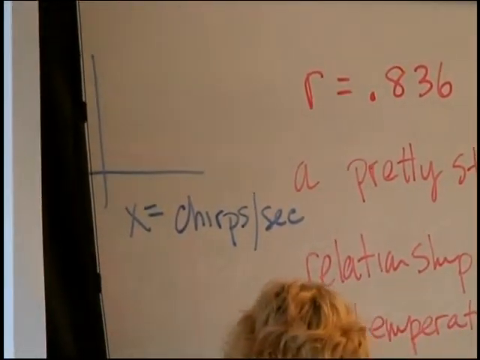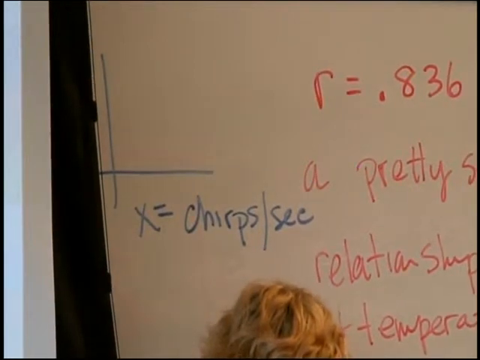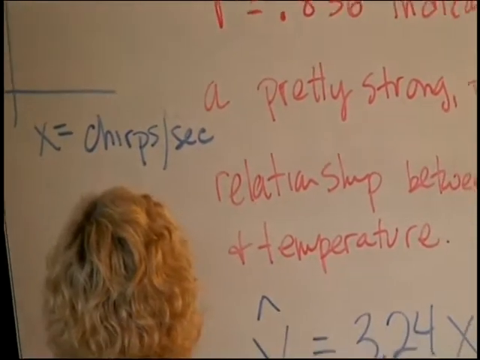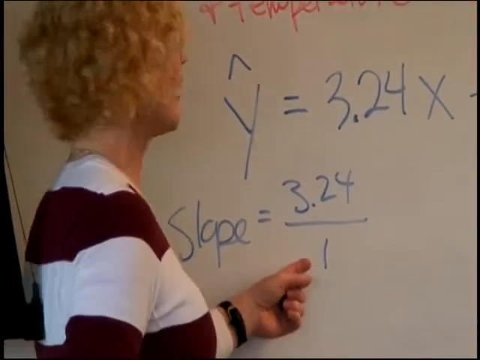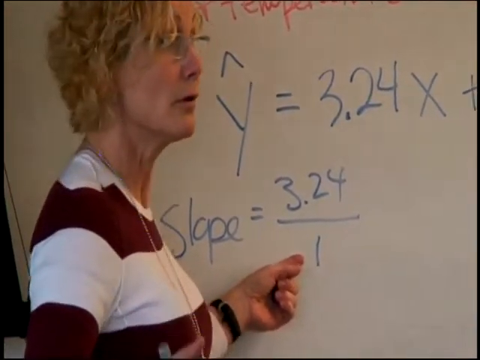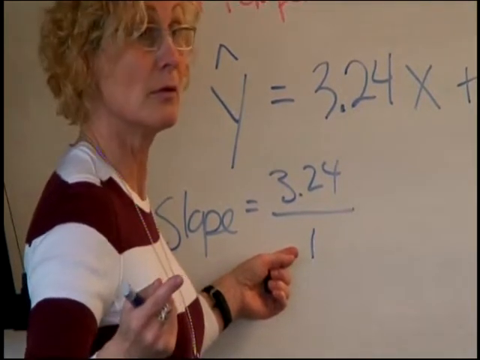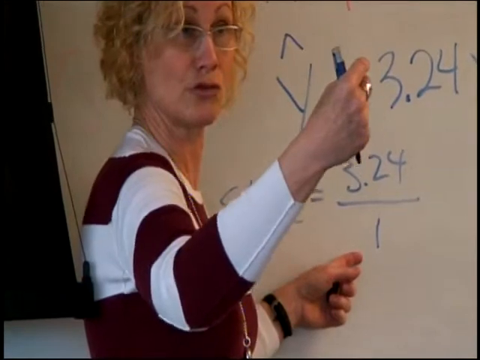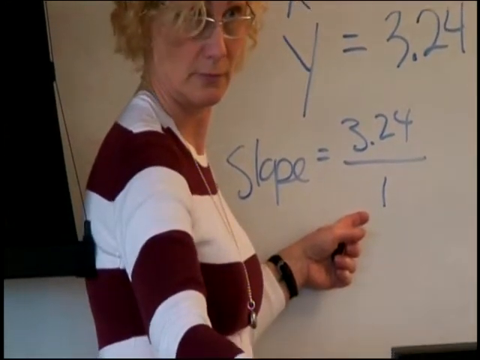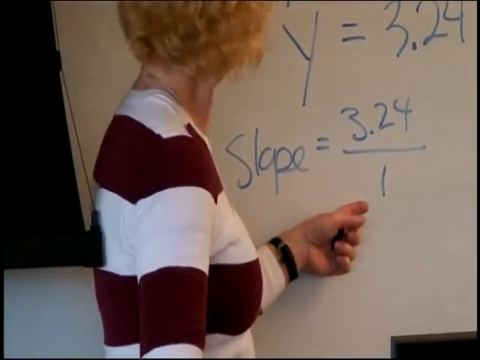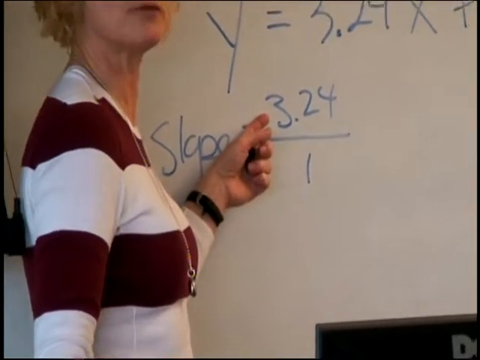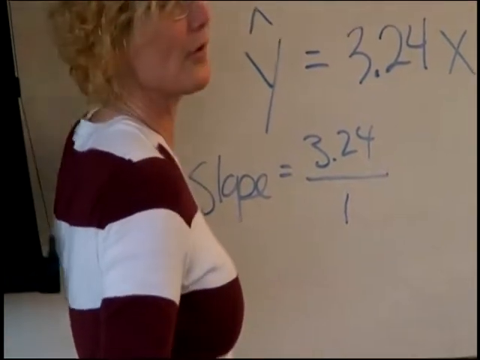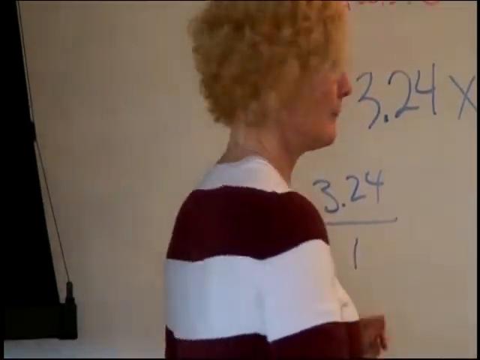So 3.24 means that when the increase is one more chirp per second, the temperature increases by 3.24 degrees Fahrenheit. Write that.